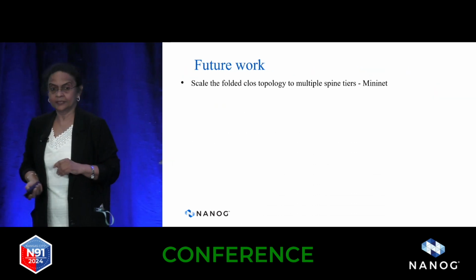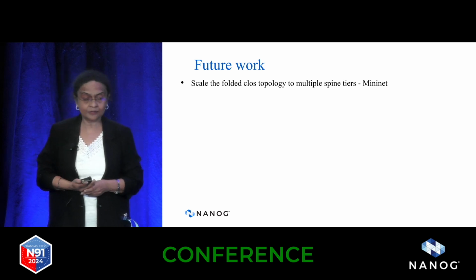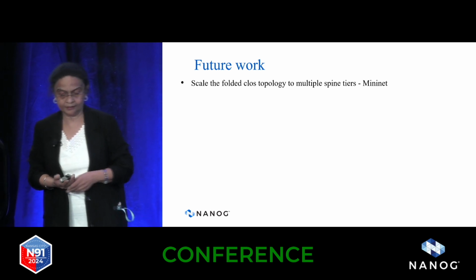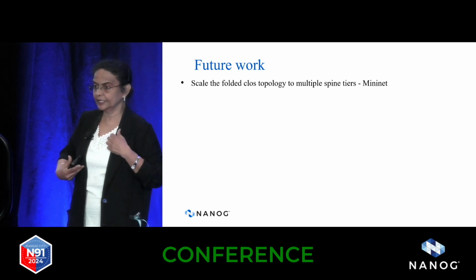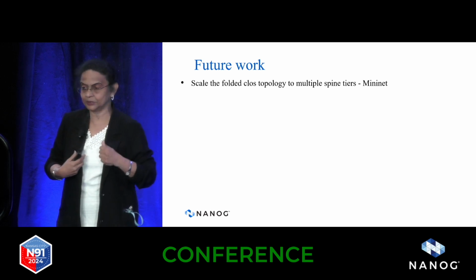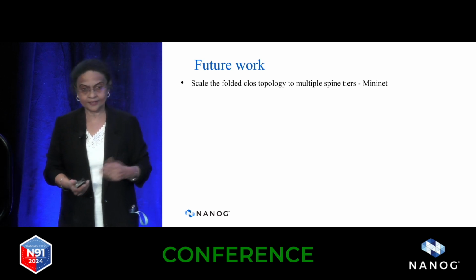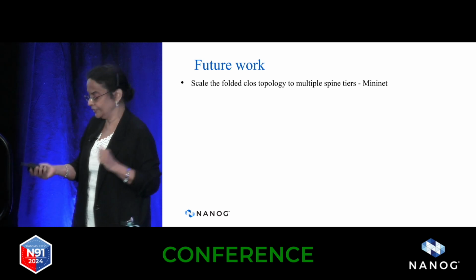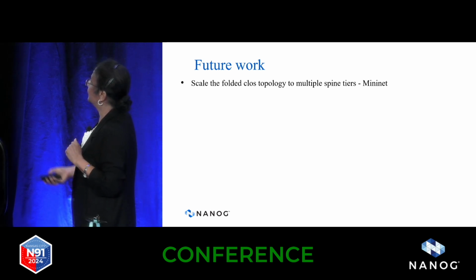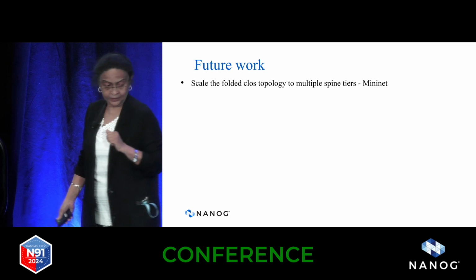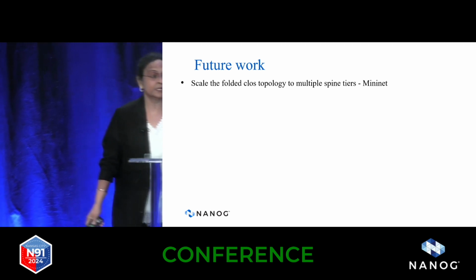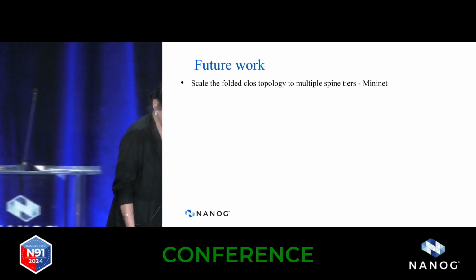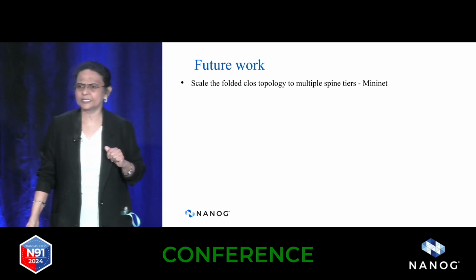So future work, there's quite a lot that we would love to do, but like I said, as a research professor working in a university, I'm limited in where I can take this, and that's where I'm seeking industry partnership. We would like to scale the Folded-Clos topology to multiple spines. The last I heard is you can go up to 6 spine tiers.